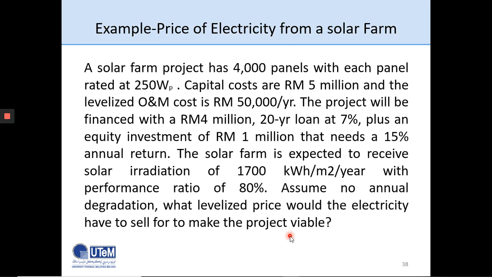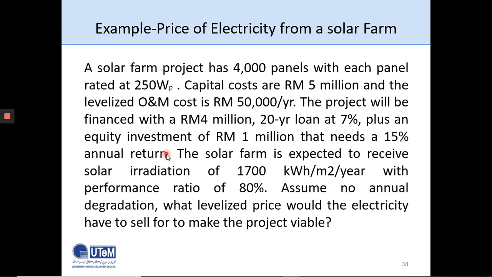Okay, so let's see an example for a solar farm. Let's say this is a straightforward example. We have 4,000 panels, each panel rated at 250 watt peak. The capital cost is 5 million. Operating and maintenance cost is 50,000 per year. The project will be financed with $4 million from a 20-year loan at 7% interest rate, and then an equity investment of 1 million that needs a 15% annual return.